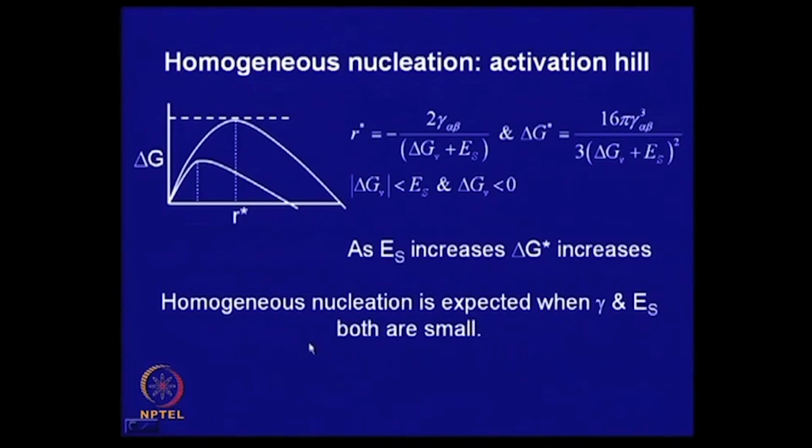So, that means with alloy addition or alloy design it is possible to change both the surface energy as well as the strain energy, and by controlling that we can promote homogeneous nucleation. Homogeneous nucleation will be promoted.